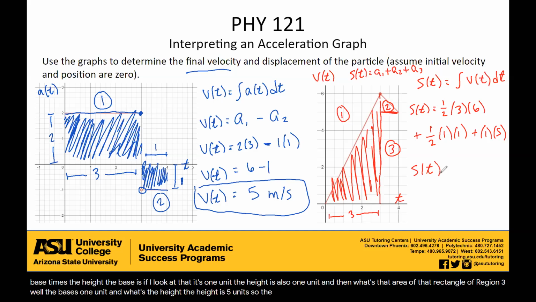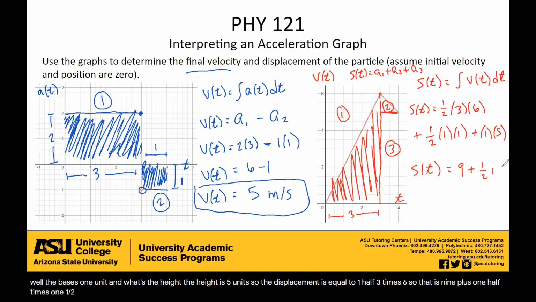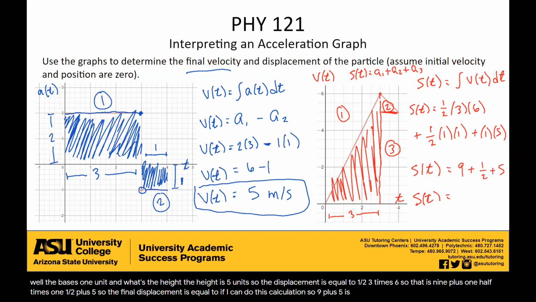So the displacement is equal to 1/2 times 3 times 6, which is 9, plus 1/2 times 1, so 1/2, plus 5. So 9 plus 5 is 14, plus 1/2 is just 14.5. So the final displacement is 14.5 meters.